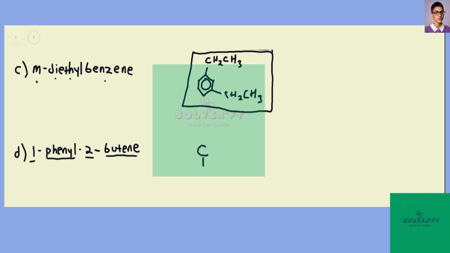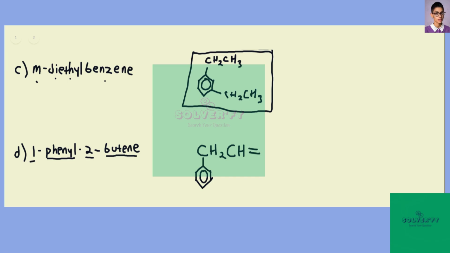So to draw that, I'm going to start with my first carbon, and I'm going to put my phenyl group, which is what we call a benzene when the benzene itself is a substituent off of another compound. Then I'm going to draw my second carbon, which is going to have a double bond.